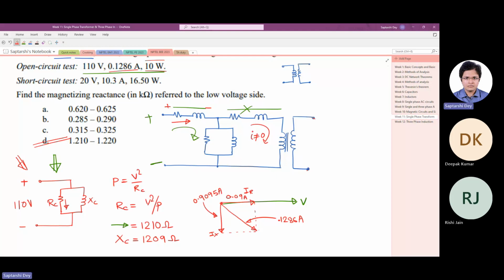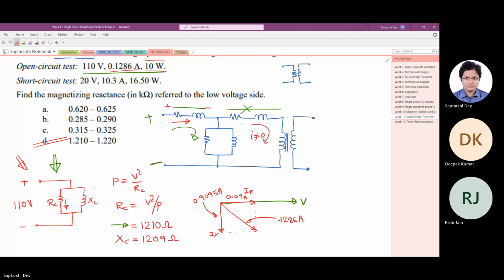Now, if it is 10 watt, what is the voltage across this resistance RC? What is the voltage? 110 volt across RC.